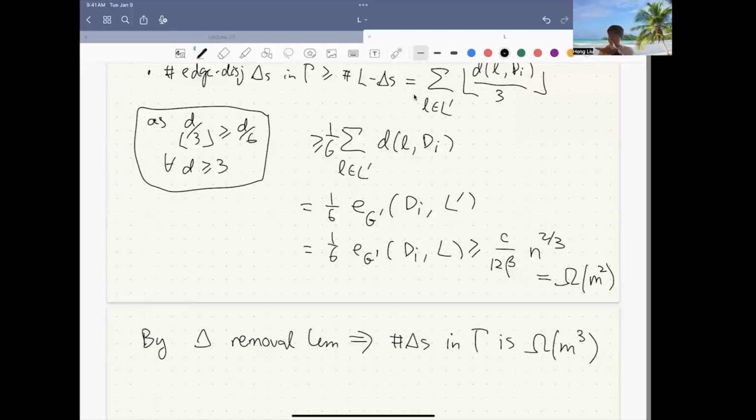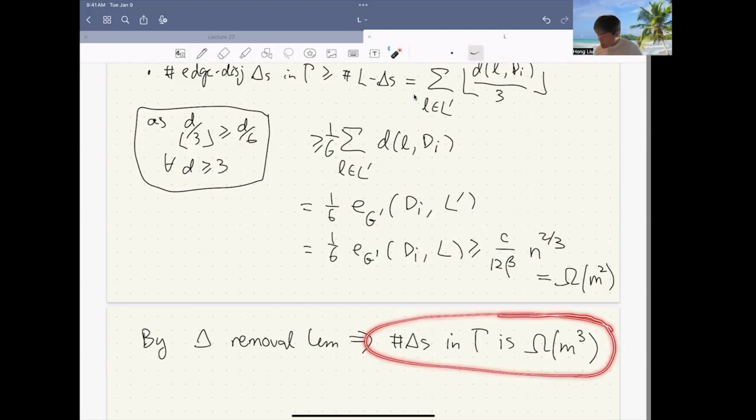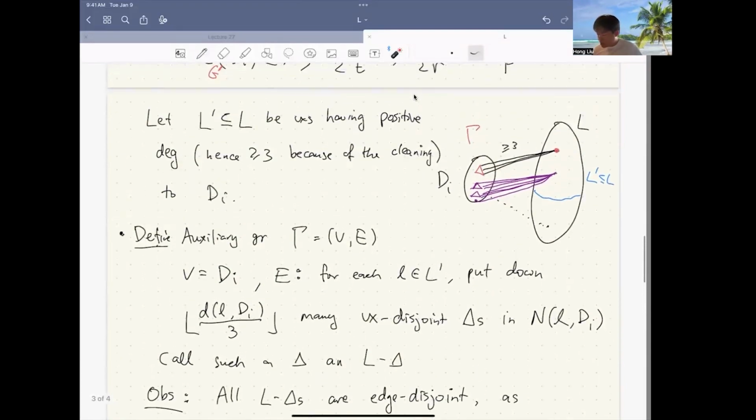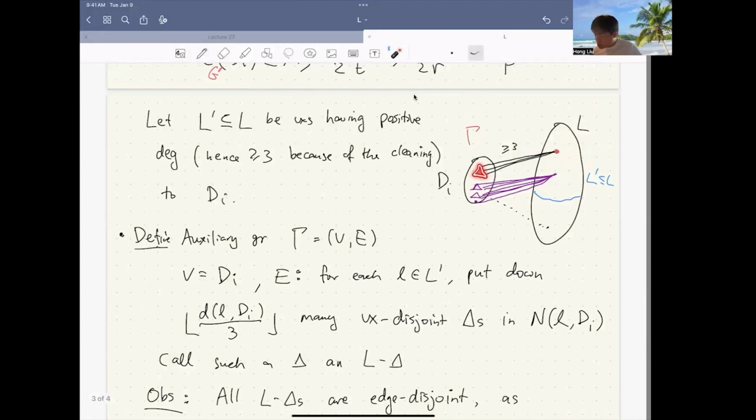We want to say that this total number of triangles is more than the number of L triangles in gamma. Remember, what is an L triangle? L triangles are the triangles that we put down in the neighborhood of a vertex when we're forming gamma.